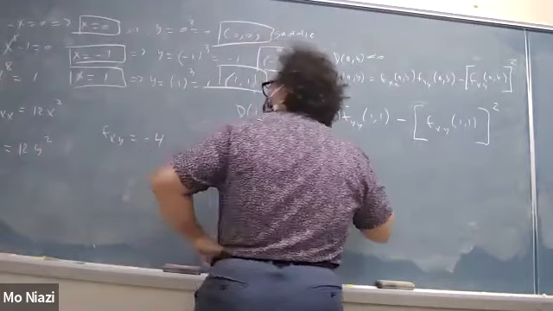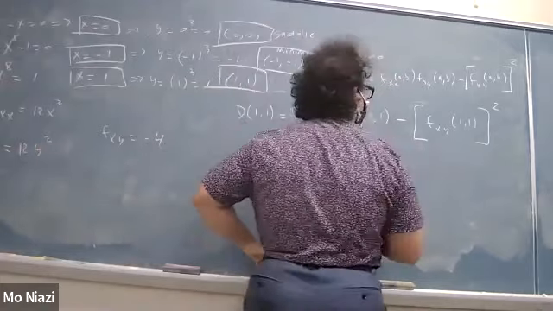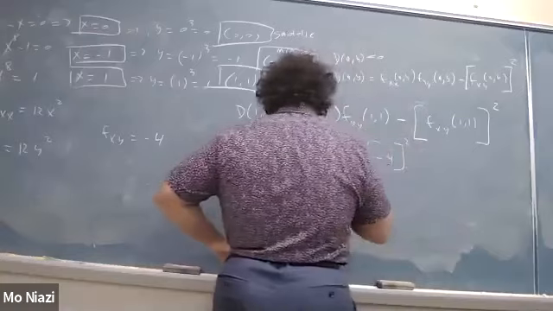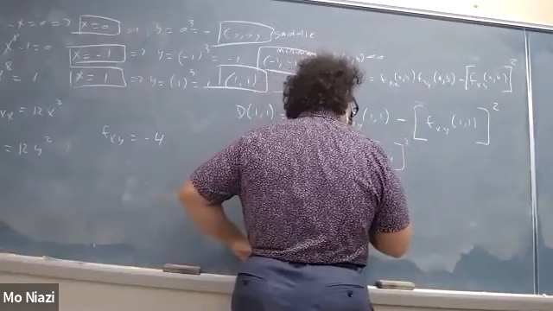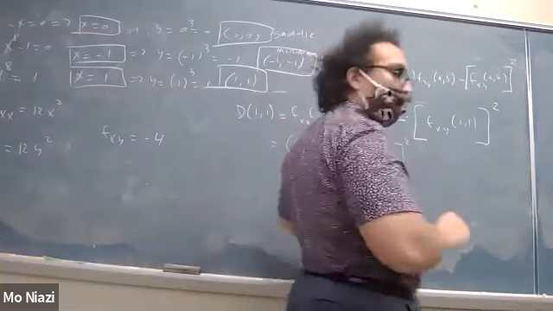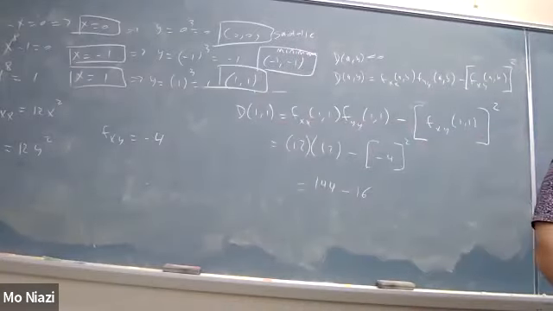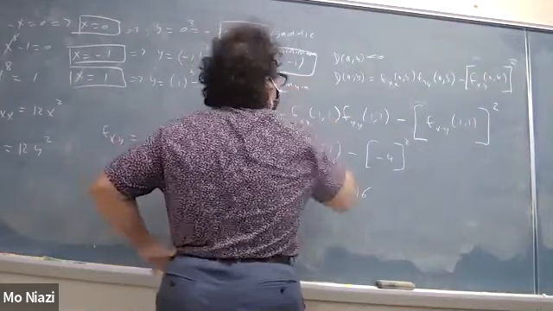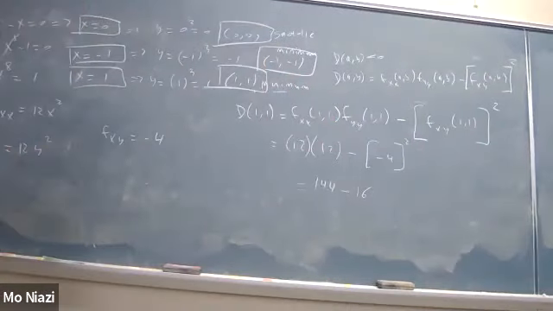That's just 12 minus, this guy is always negative 4. So what do we get here? Same thing. It's also a local minimum, because the calculations followed the identical path. Okay?